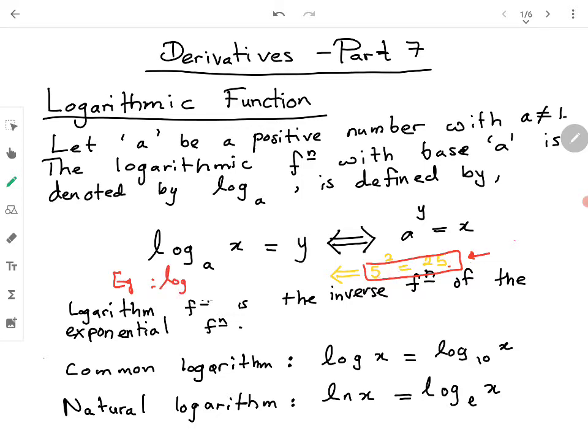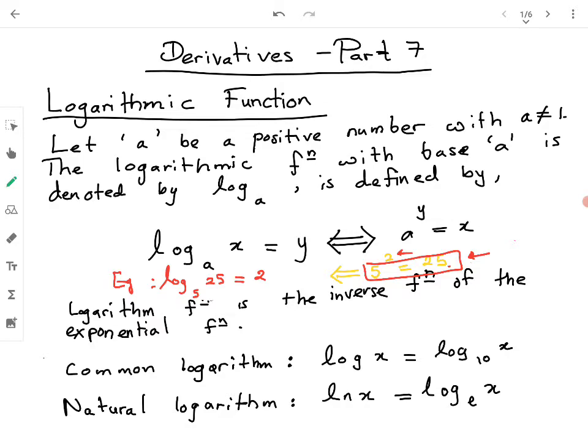So 5 becomes the base and 25 is the argument, and the number above those two numbers is going to be y. So 5 raised to the 2 is 25, which means log base 5 of 25 is equal to 2. So it's very easy to go from exponential to log form or from log form to exponential form.